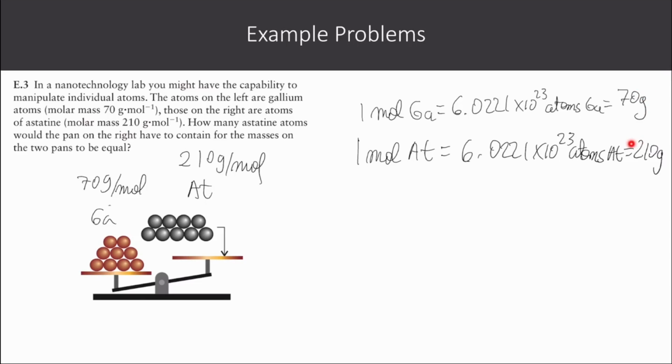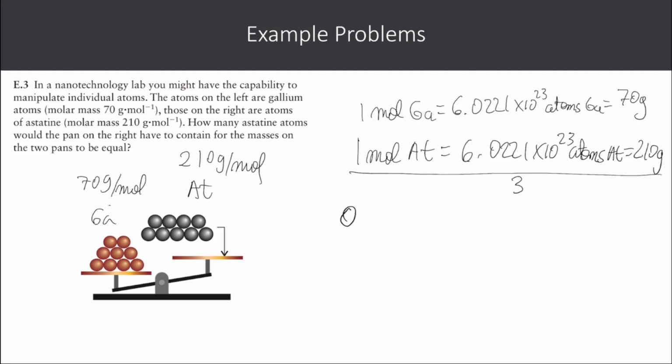So we want these two masses to be equal to each other. So for that to happen, we would need to divide this mass of 210 by 3, right? Because that would give us 70 grams. So if we divide the 210, we have to divide also the number of atoms and also the number of moles. So let's divide all of these by 3.